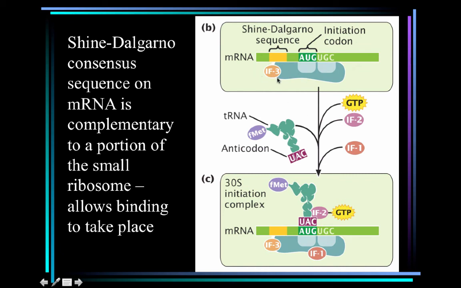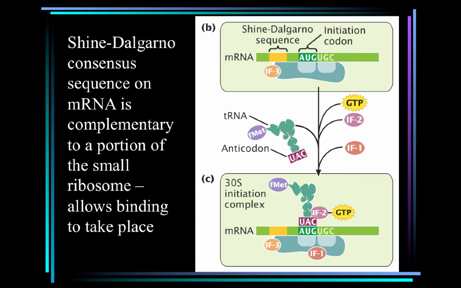After initiation factor 3 has attached to the small subunit, and then the messenger RNA has attached to the small subunit, and we found the Shine-Dalgarno sequence, then we can start using guanine triphosphate, or GTP, as our energy to bring in initiation factor 2 and initiation factor 1, which are going to help bind to the small subunit and the transfer RNA respectively. And this starts to bring in all these factors that are going to help stabilize this bigger structure that we're building. So it's like building blocks.